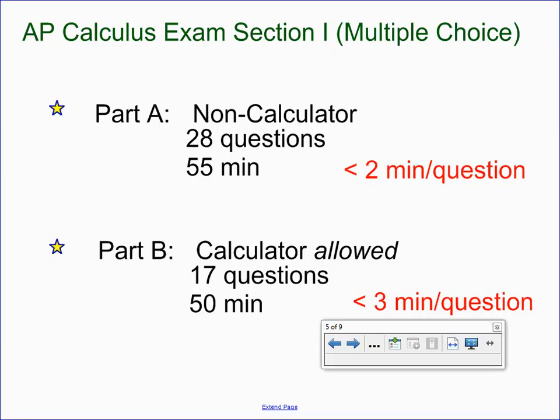The reason it's called calculator allowed isn't because you need a calculator in every single question. In fact, there are only select exercises where you're required to use the functions in your calculator. There are many questions on there that you don't need a calculator for at all. In any case, you have access to your calculator, but it is not necessary on many of the questions.